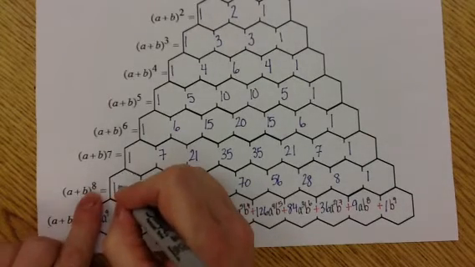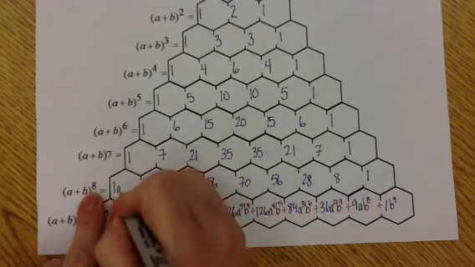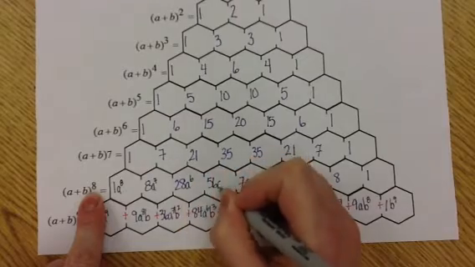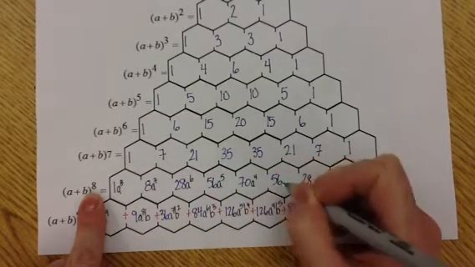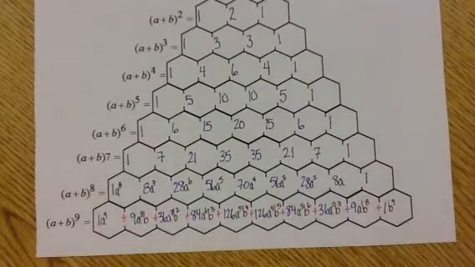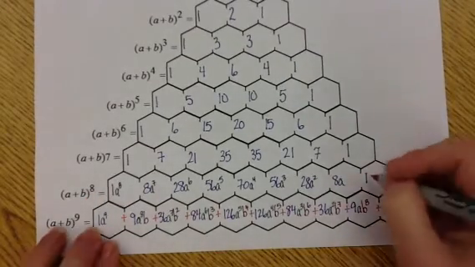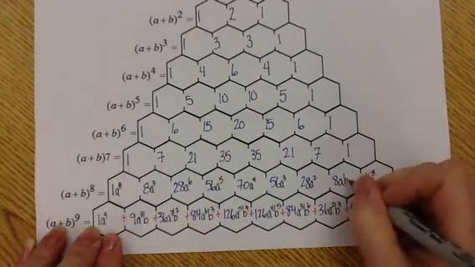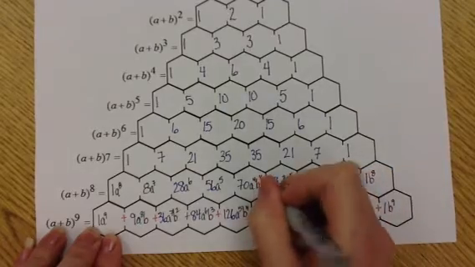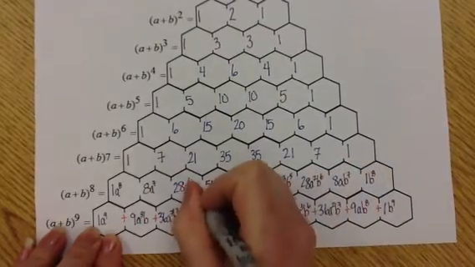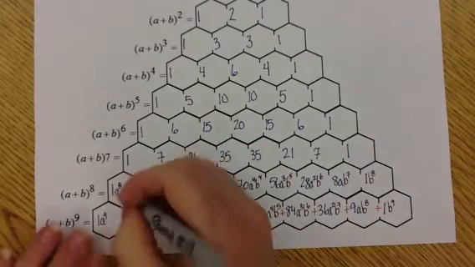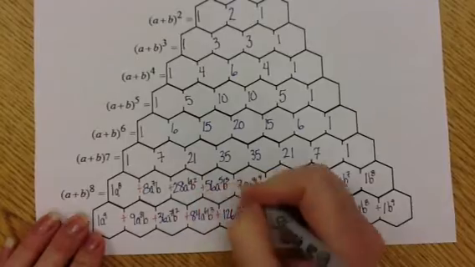Again, we look to this power to know what to start with, so this will start with a to the 8th, and then a to the 7th, a to the 6th, a to the 5th, a to the 4th, a cubed, a squared, a, and then in reverse order, b to the 8th, b to the 7th, b to the 6th, b to the 5th, b to the 4th, b to the third, b squared, b, and no b. And then addition signs in between.